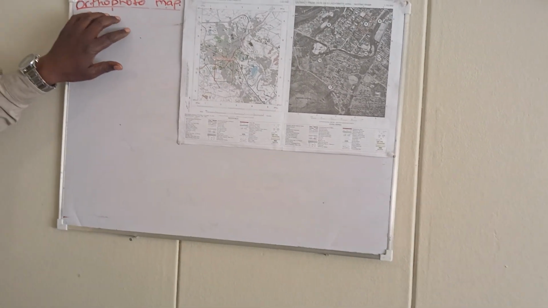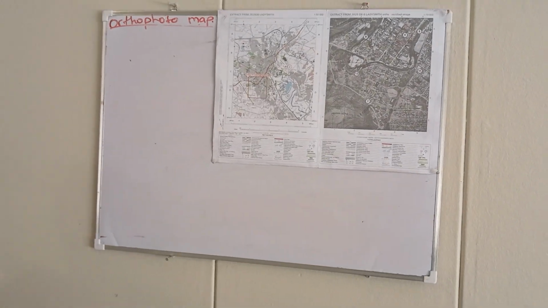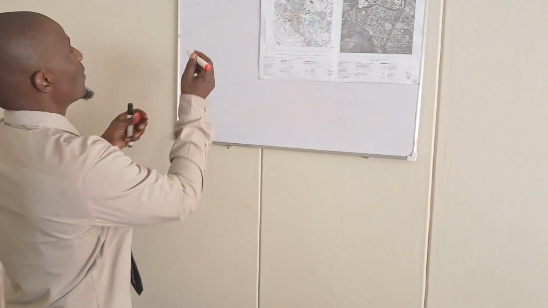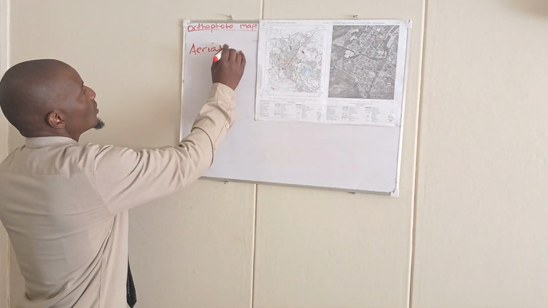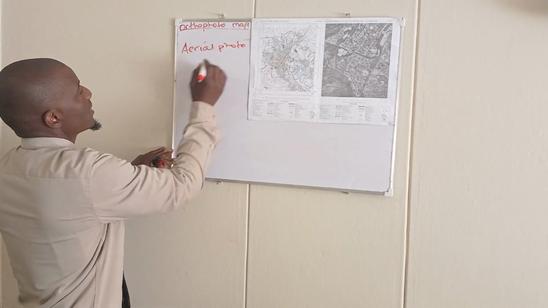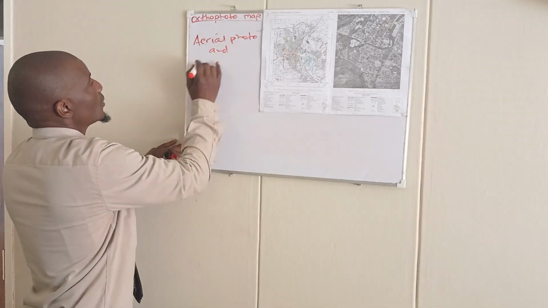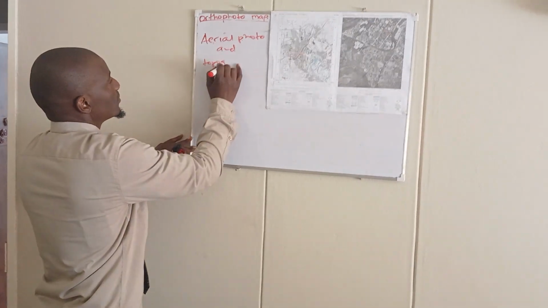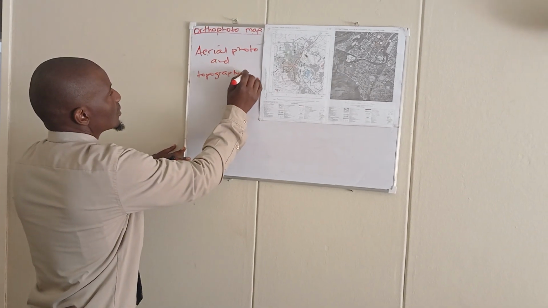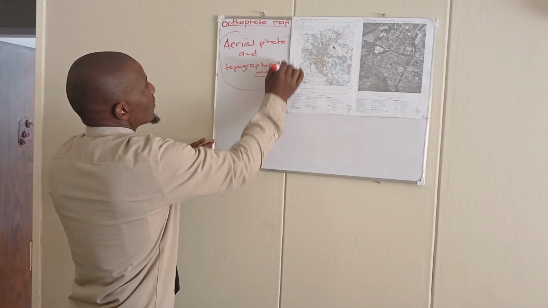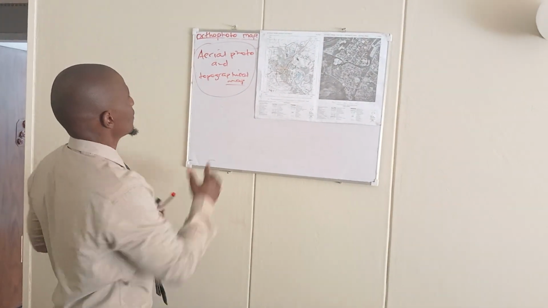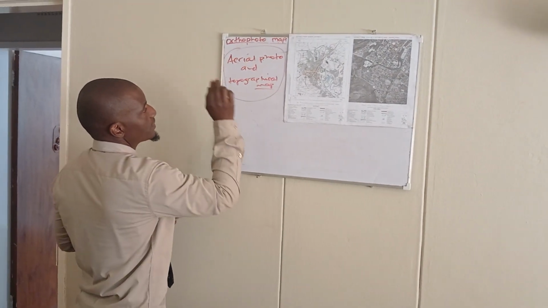Okay, so an orthophoto is a combination of aerial photograph and, I'll just write it in shortcut, topographical map. So when you talk about an orthophoto map, it's a combination of aerial photograph and topographical map.